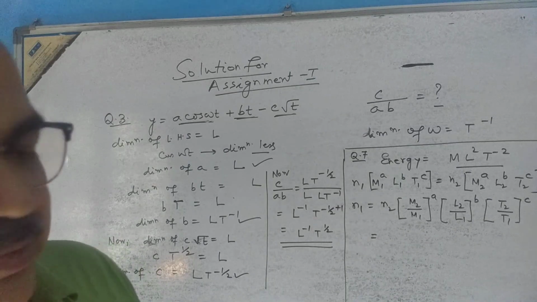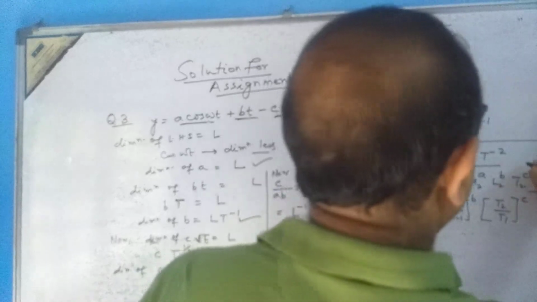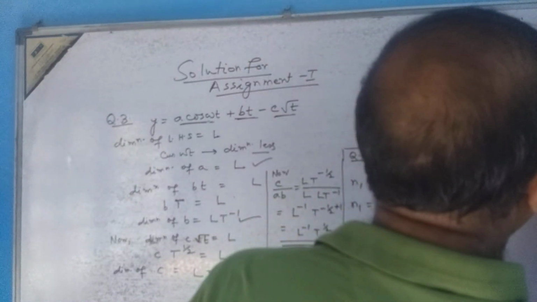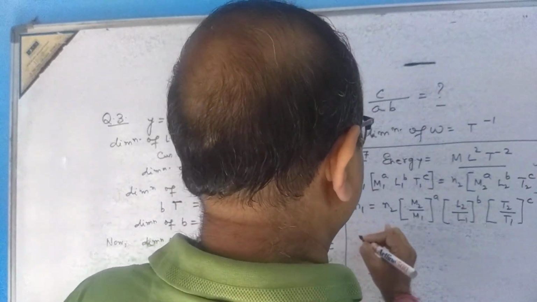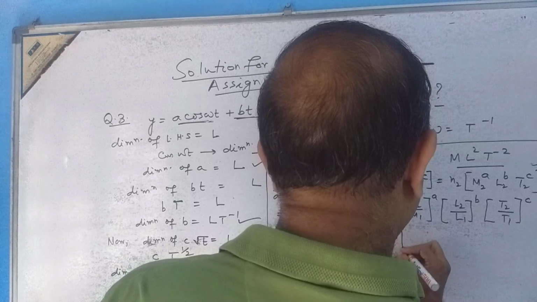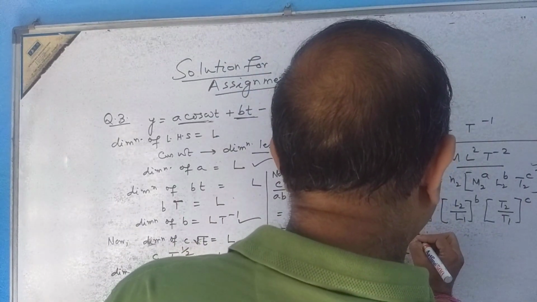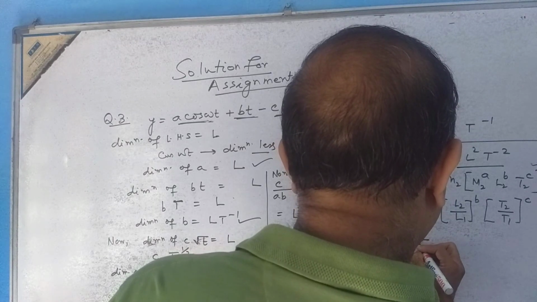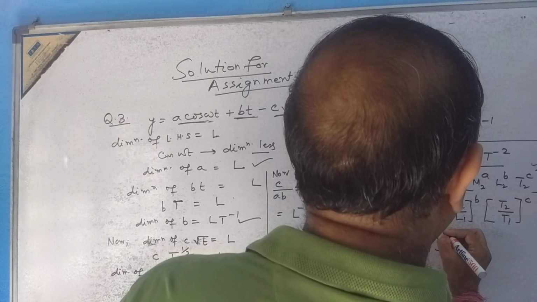Joule is the SI unit. 100 joule. If I consider this as the SI and this is unknown, then we shall take it like this, 100 joule divided by, now M2 is 1 kg by 100 gram, to the power 1.